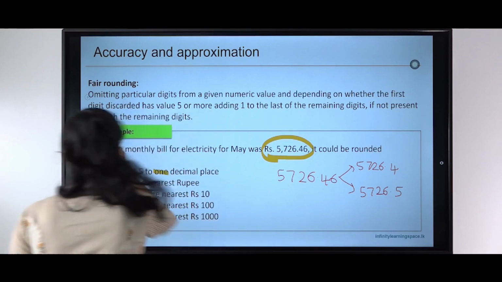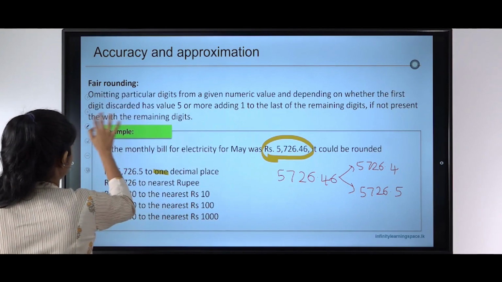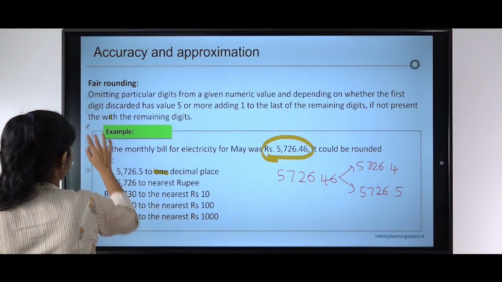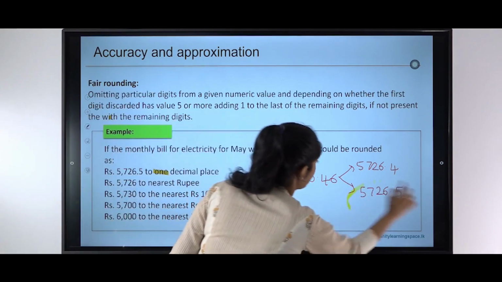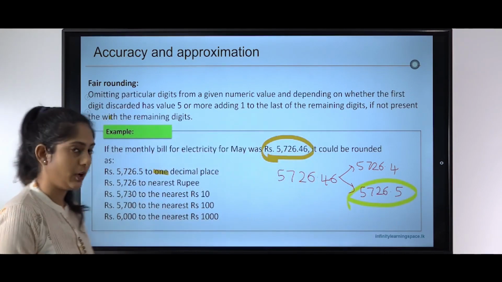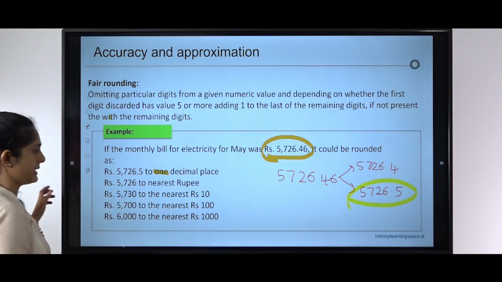But the closer one is the second, 5,726.5. So that's to one decimal.